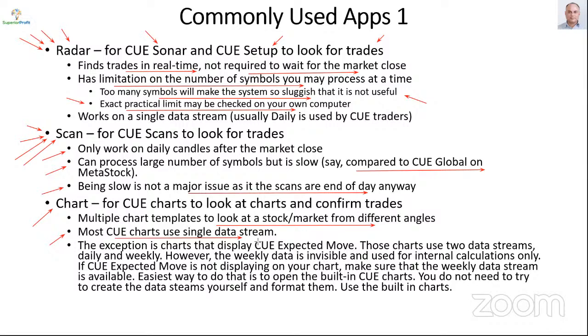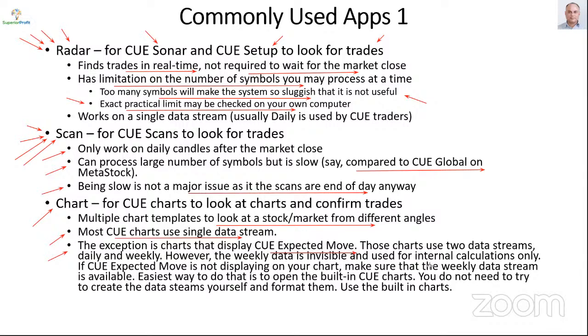Actually, until a few days ago, every chart in Q Elite had a single data stream, but not anymore. The exception is the newly introduced chart that displays Q expected move. There are two chart templates that display expected move.